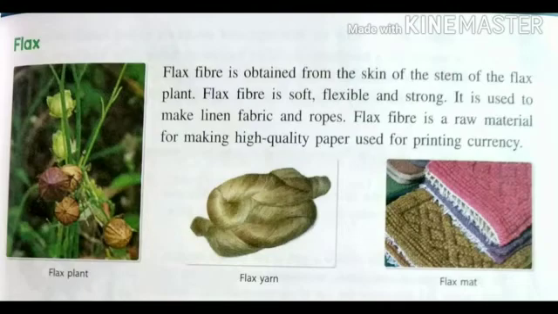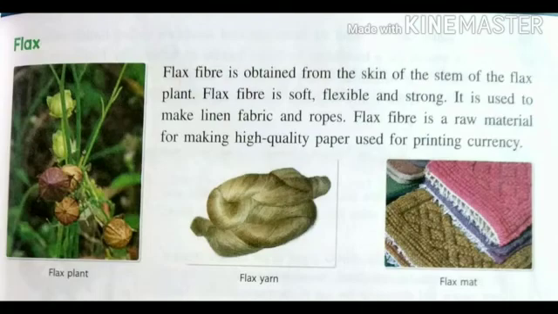As you can see in the picture, the fiber is converted into yarn, which is further used for various purposes: it is used to make mats, ropes, and linen fabric. Yes, linen fabric, the fabric which is preferred to be worn in summer season, is also obtained from flax fiber. Now let's discuss one very important use of flax fiber.